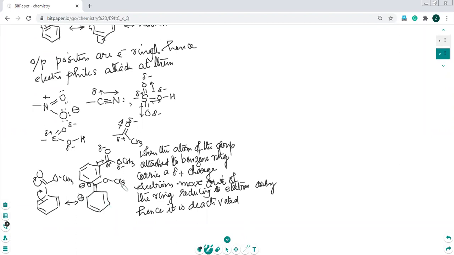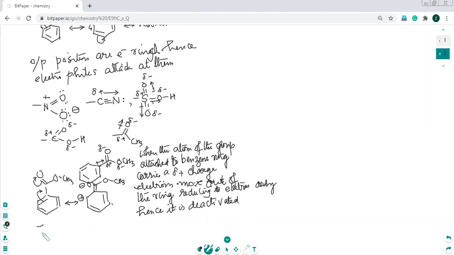So ortho and para are electron deficient. So electrophile cannot attack here. But what about the meta position? There is no change in electron density. Meta position is relatively electron rich.